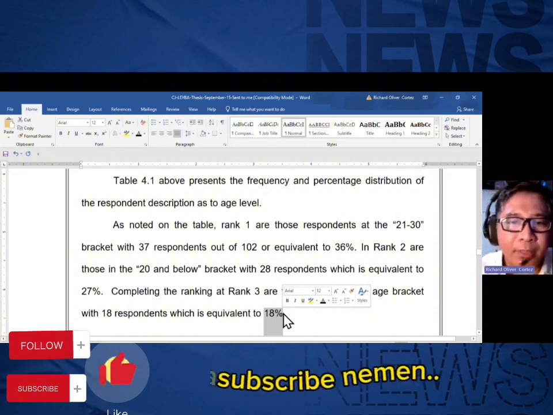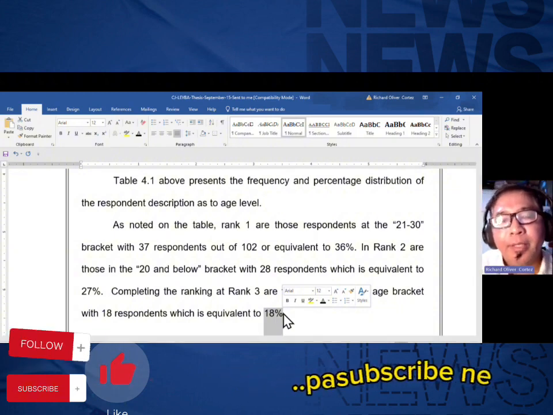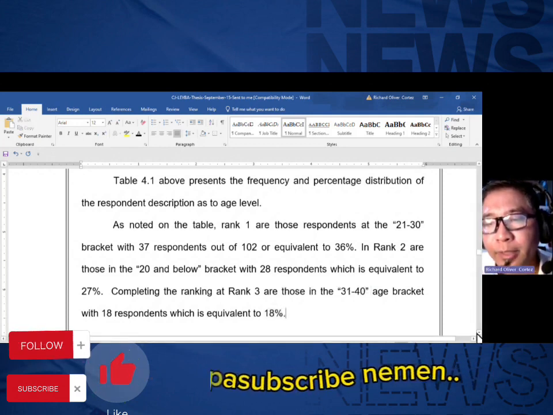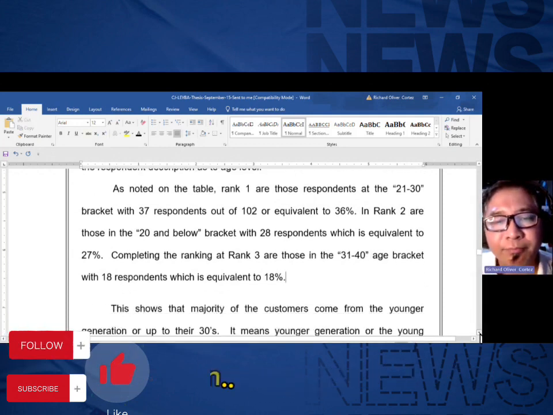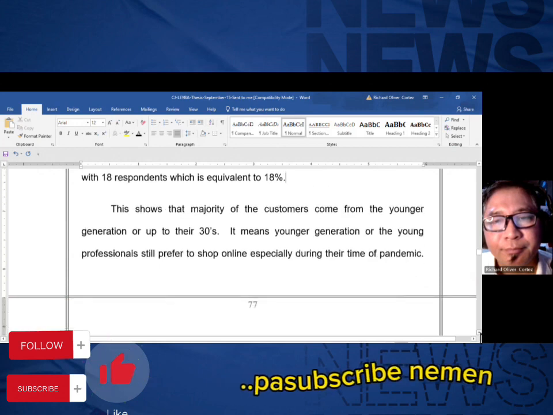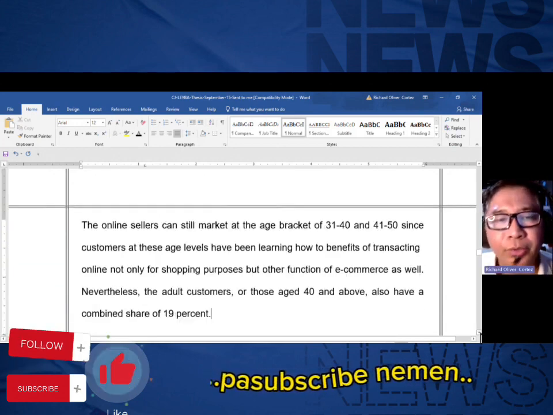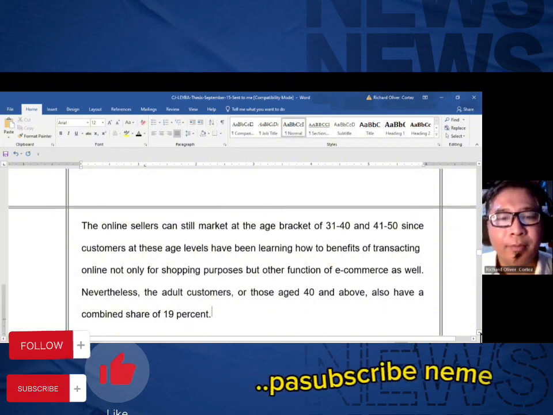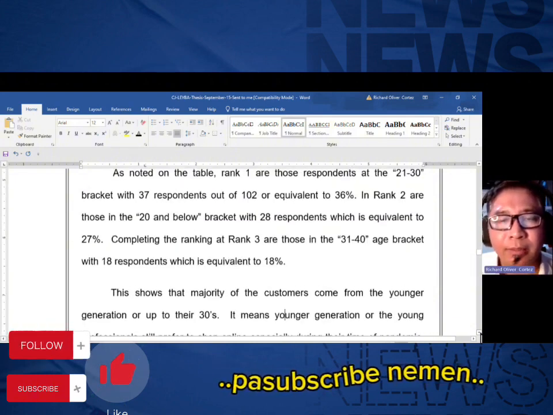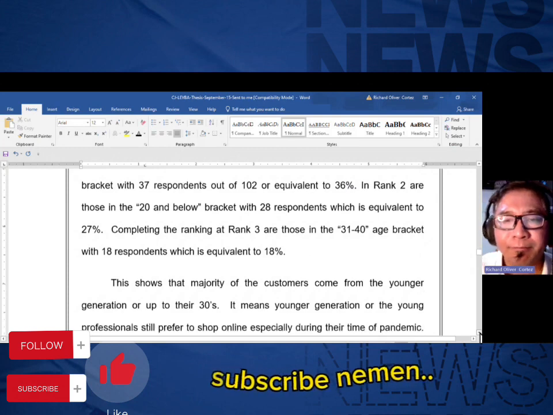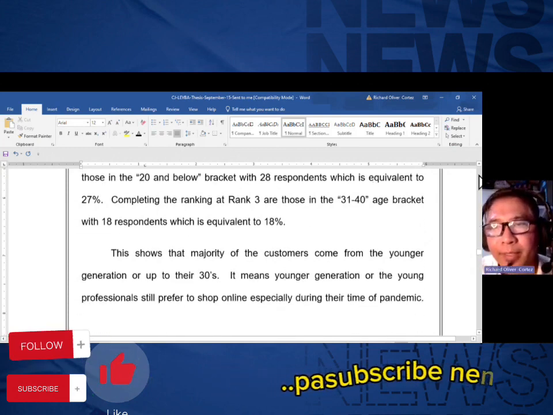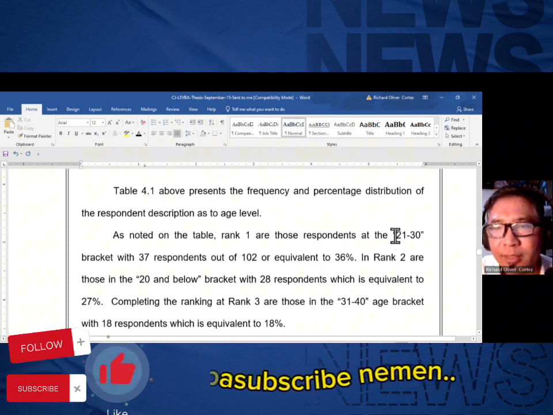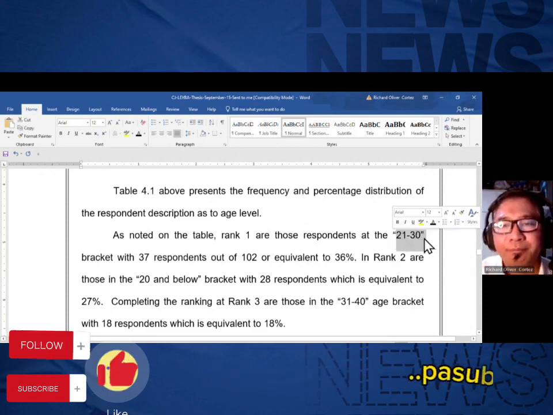So in the second paragraph, we're just going to identify the three rankings. And for the third paragraph, you are now going to discuss why the 21 to 30 is rank number 1.